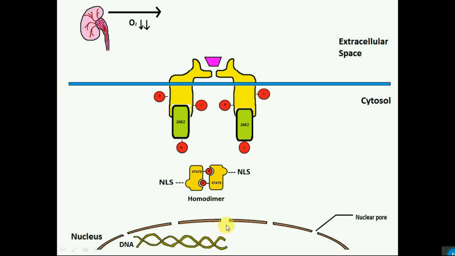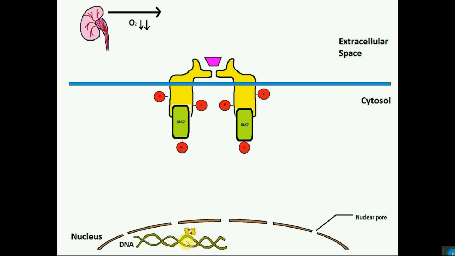Now the STAT5 homodimer will move into the nucleus through the nuclear pore. Now this STAT5 homodimer will bind to a specific DNA sequence present in the DNA and activate it.